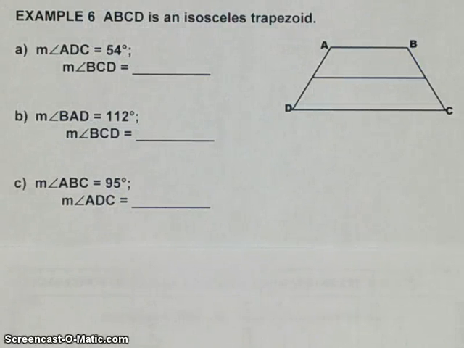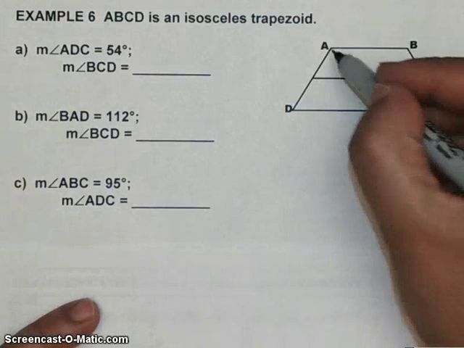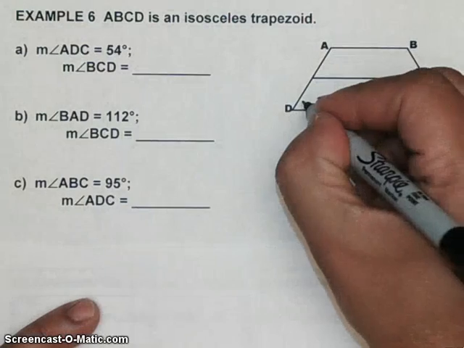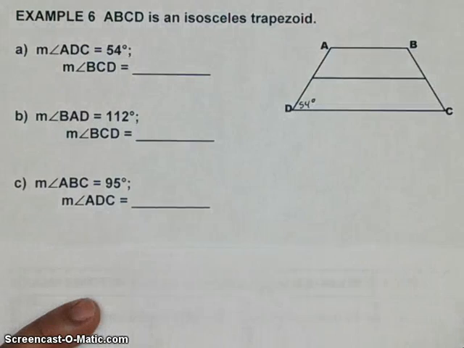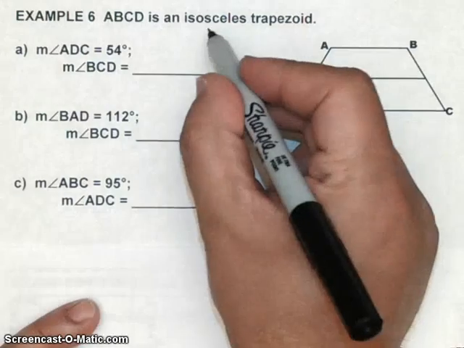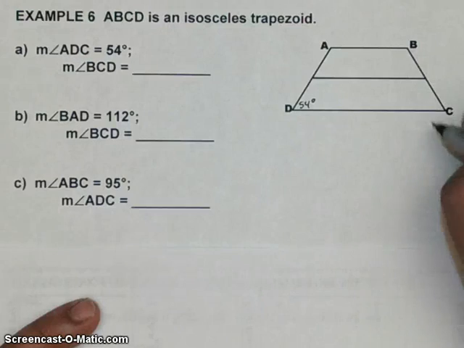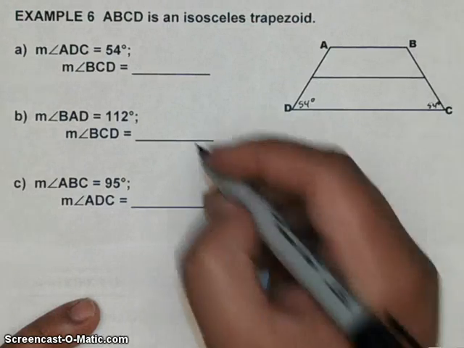Alright, so now we're going to look at an isosceles trapezoid and try to find some things out. So if angle ADC is 54 degrees, then because it is an isosceles trapezoid, that means angle BCD is also 54 degrees.